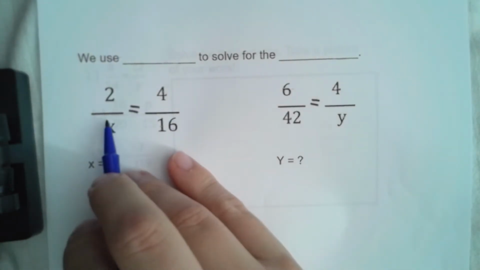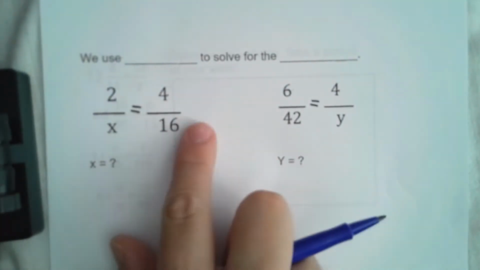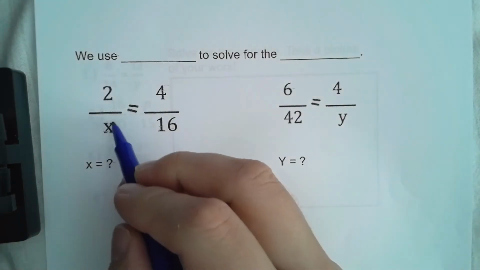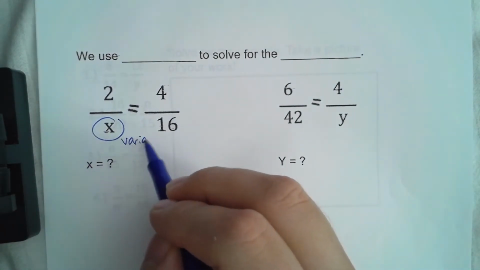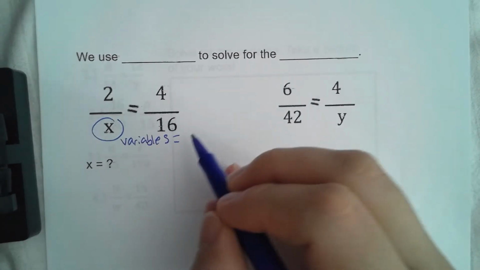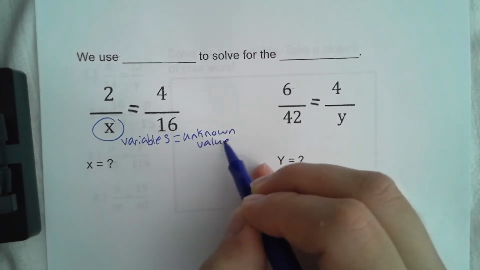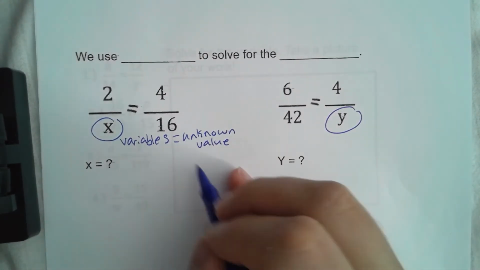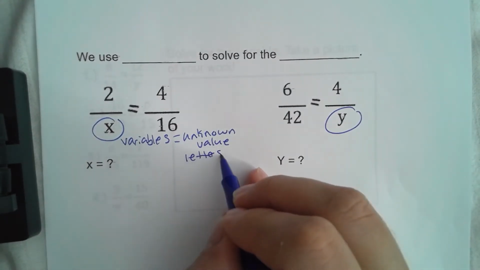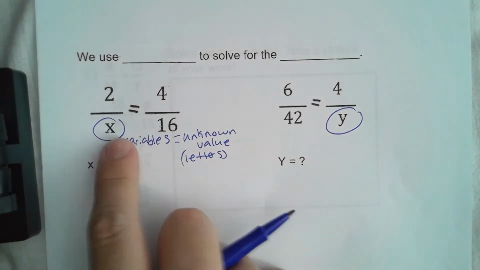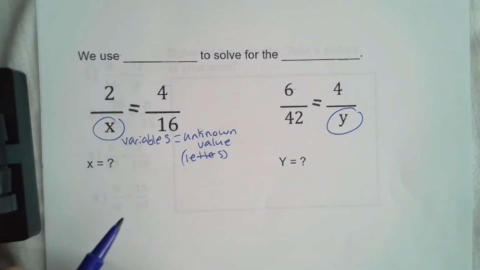So sometimes they'll give you two ratios and a variable. Remember, variables mean an unknown value. And we use letters for variables: A, B, C, D, E, F, G. But it's most of the time either X or Y. I don't know why.